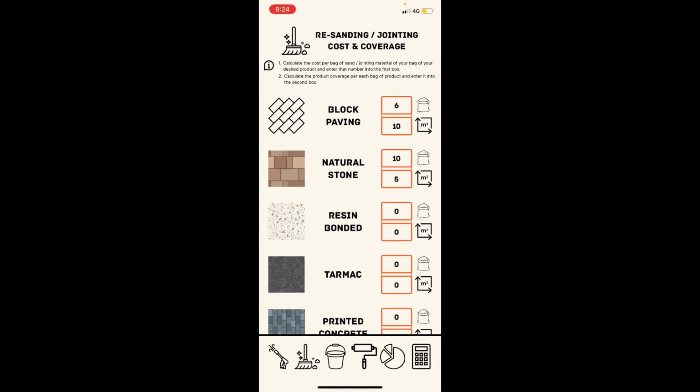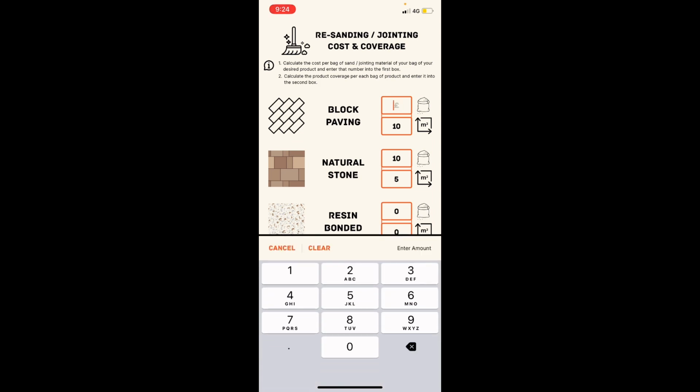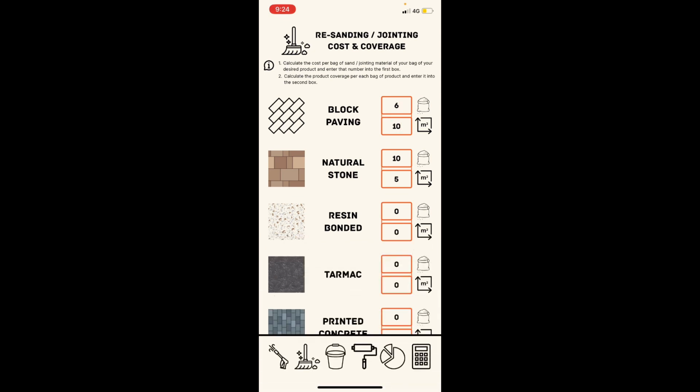So we'll use the example of kiln dried sand that we typically use for block paving. So if a bag of kiln dried sand is £6, that will roughly cover about 10 meters squared. So if we had a 100 meter square driveway, we would need approximately 10 bags of sand. That's what the calculation is going to work out.